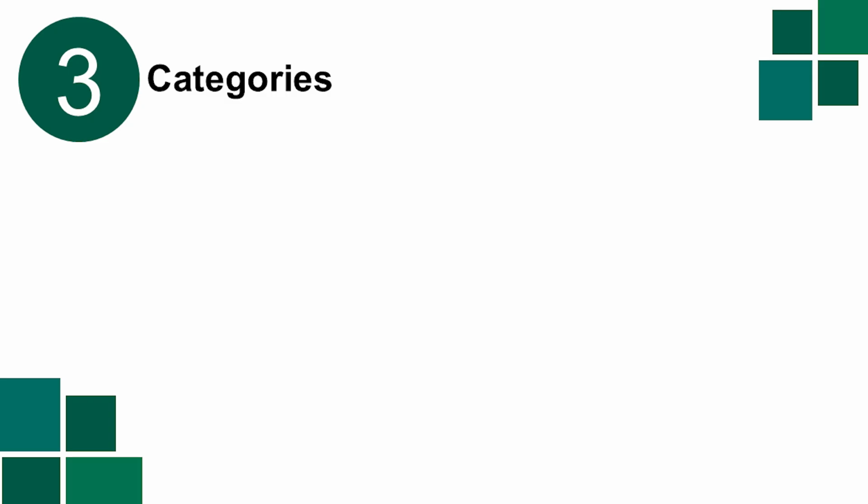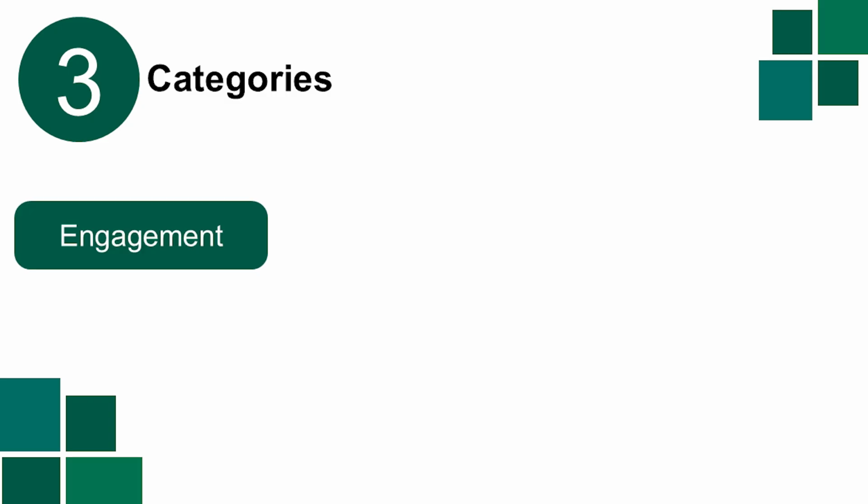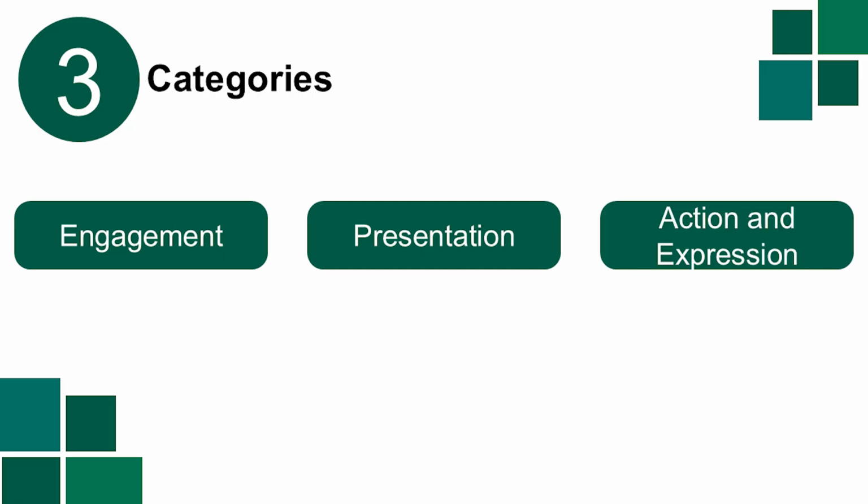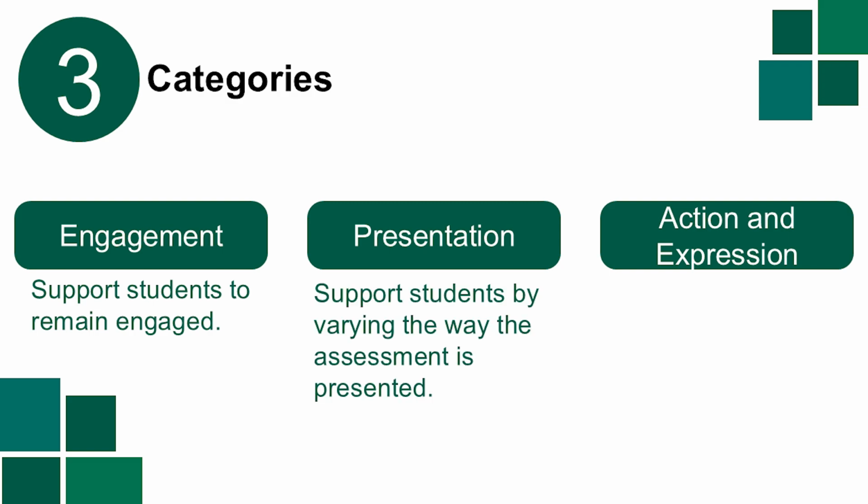Resources included in the CAASPP and ELPAC fall into three basic categories: engagement, presentation, and action and expression. There are resources that support students to remain engaged with the assessment. For example, providing breaks, a separate setting, or even sensory items. There are also resources that support students by varying the way the assessment is presented.